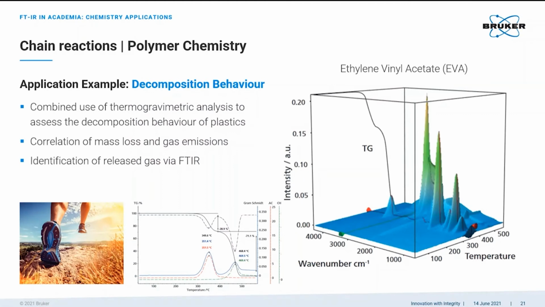And I want to mention here that TG FTIR is widely applicable also for stability or shelf life study of medical drugs, as well as for process optimization of clay firing, of silicone manufacturing, and of 3D printing.